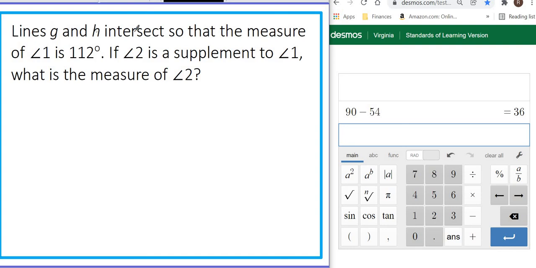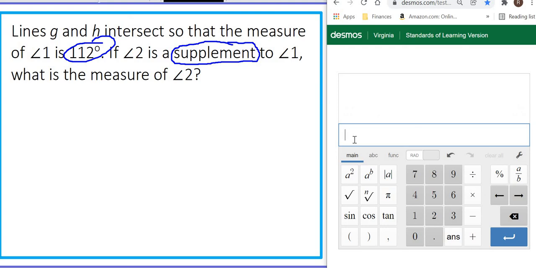This one says lines G and H intersect, so the measure of angle 1 is 112. If angle 2 is a supplement. So if they say supplement, I know that means supplementary. And I know supplementary is a straight line, which is 180 degrees. And they said if angle 2 is a supplement to angle 1, what's the measure of angle 2?